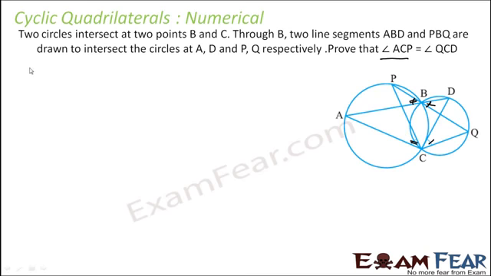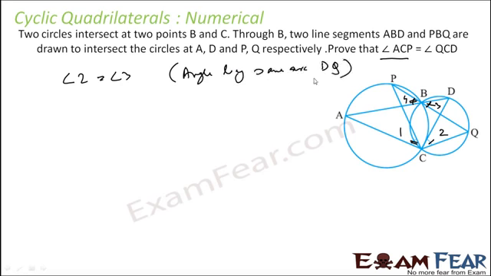So I can just note that. Let me put numbers 1, 2, 3. Angle 2 is equal to angle 3, angles by the same arc DQ. Angle 3 is equal to angle 4, vertically opposite angles.